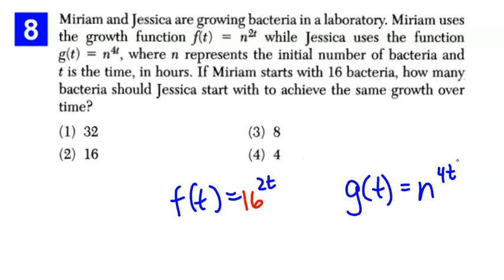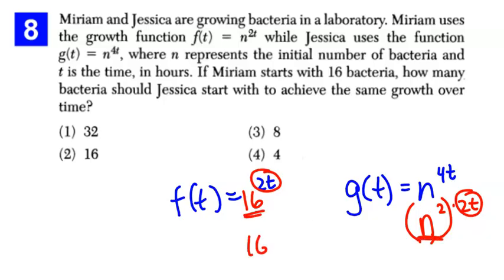Well, we can think of this using our exponent rules, and that would be that n times 2 times 2t, right, you see that, would give us the same exponent. And if you have the same exponent, and you want them to be equal, then you have to have the same base. So we're thinking of what number times itself would give us n squared. So that's how we get this answer of 4.